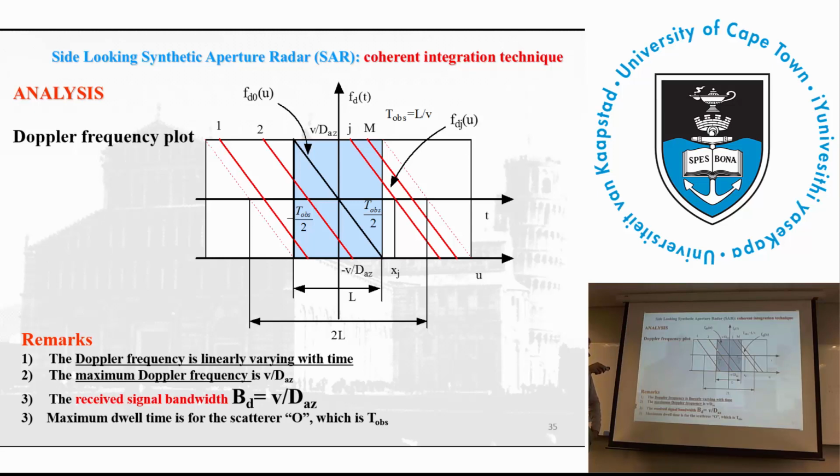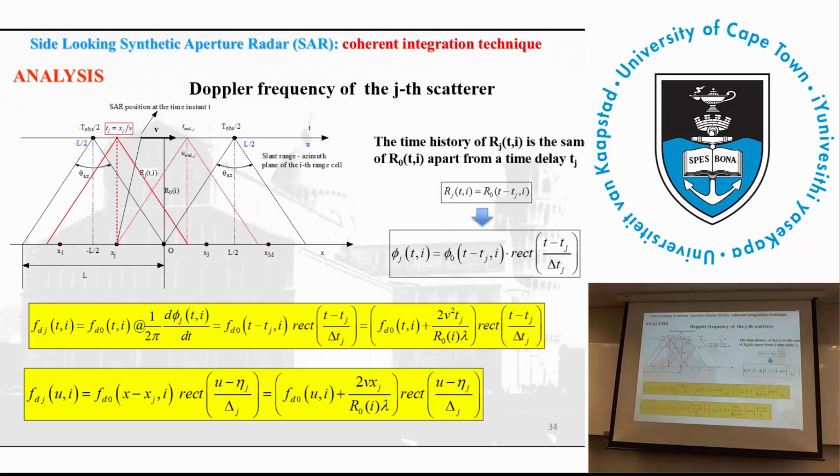So it starts being seen from here, all the way down to here, then it stops. Then it's not illuminated anymore. Scatterers that are on the right hand side start being illuminated afterwards. This one starts being illuminated at this point, goes on, stops here because the radar switches off. If the radar didn't switch off, then it would continue to generate Doppler. So this is the visual graph that represents these equations here.